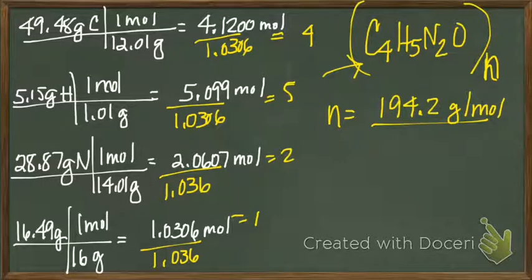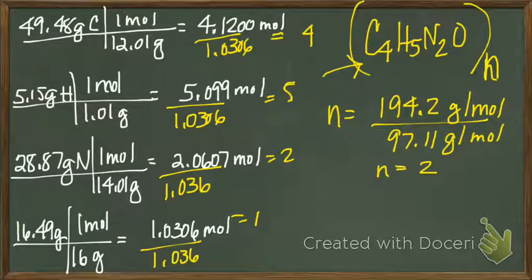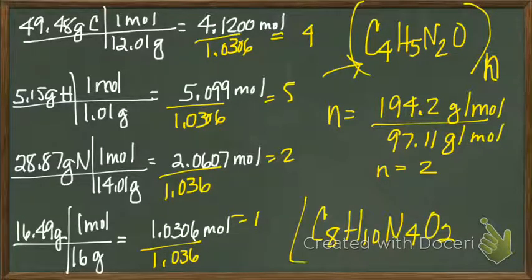So we calculate the empirical mass, and you should get about 97.11. So that means n is equal to 2. So distribute, and you get your final formula to be C8H10N4O2. And that would be your final answer.